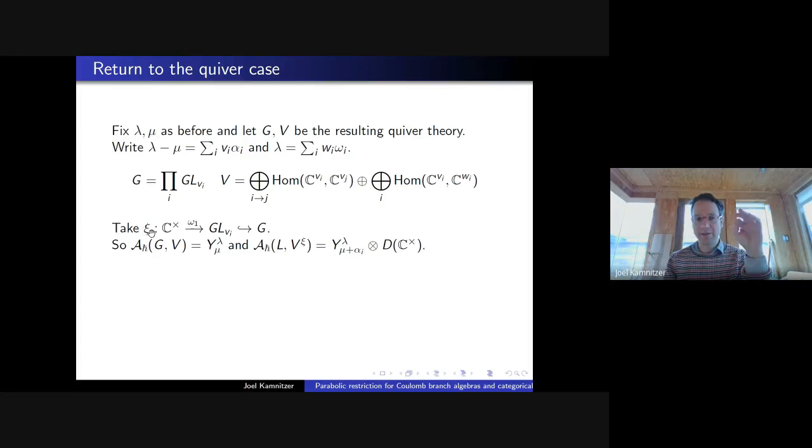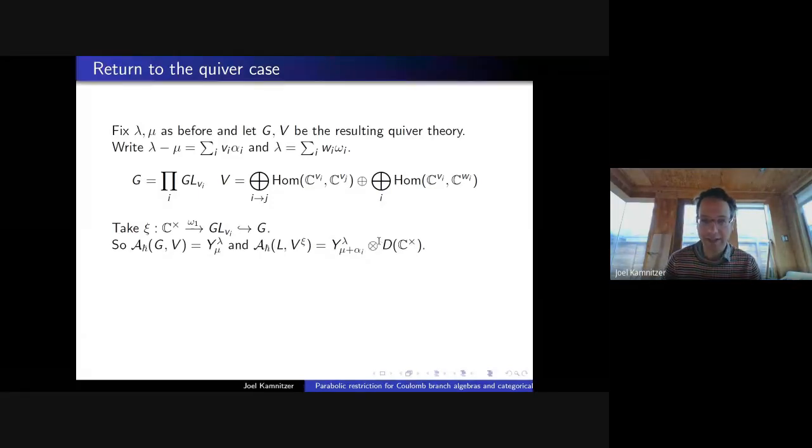By taking things which are invariant under the C, you're basically cutting all those arrows which go to this one block. So we split one of the nodes in our quiver into a 1 and a V_i minus 1, and then we erased all the arrows going to this one guy. In that way, this Coulomb branch algebra ends up basically being Y lambda mu plus alpha_i, except that there's this little GL1 sitting around.